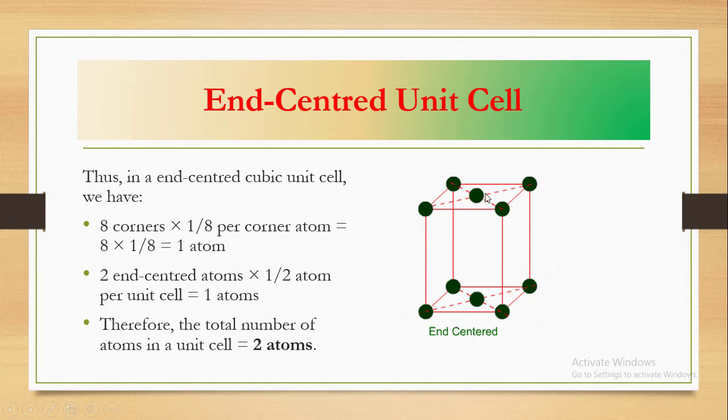And the atoms at the ends of the faces will contribute half. Therefore the 2 end-centered atoms will contribute half an atom each per unit cell, which will give us a total of 1 atom. And altogether in the end-centered unit cell, the total number of atoms in the unit cell will be 2. So this was all about the number of atoms in a unit cell.